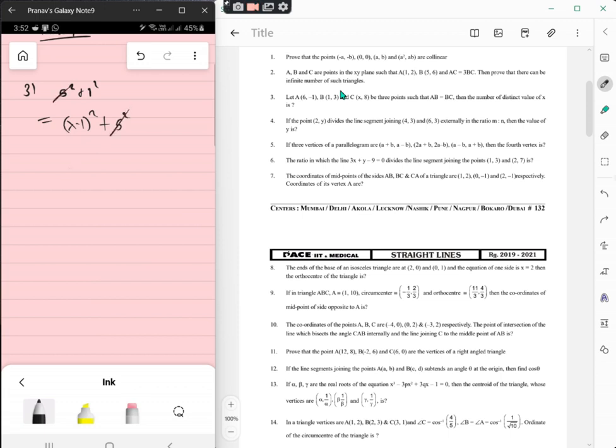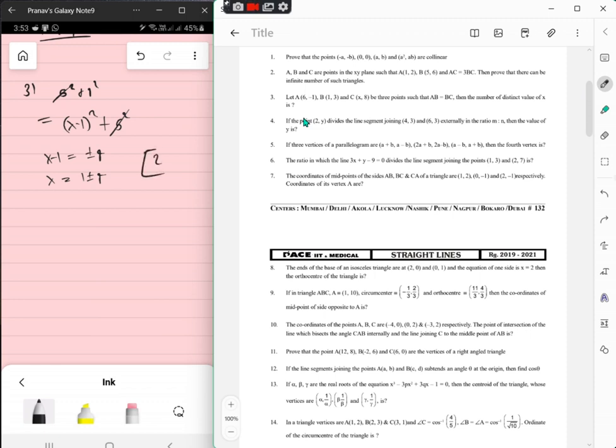This cancels. That means x - 1 is plus or minus 4. So x is 1 plus minus 4. There are two such values. Number of distinct values is 2. Okay, this won't work. So I'm just going to write it over here. So the answer is 2. Okay.